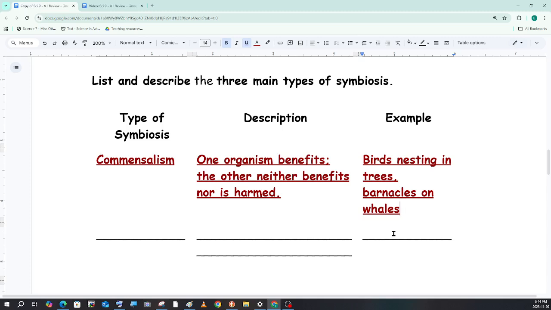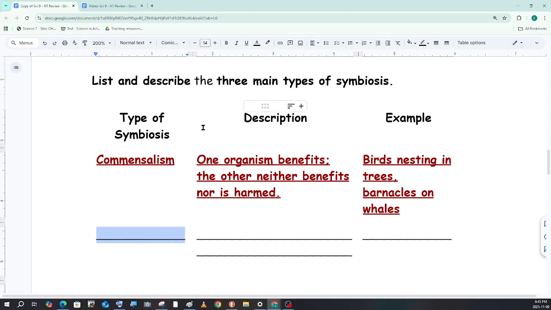It's not stealing food from the whale. It's not causing it any sort of discomfort or pain. It's just attached to it. And the barnacle benefits from this because now it can use the whale's motion to get food from the water. As the whale swims through the water, the barnacle can filter the water, and it's likelier to actually encounter stuff that it can eat in the water.